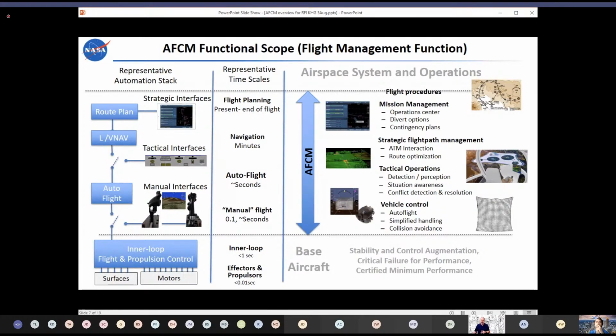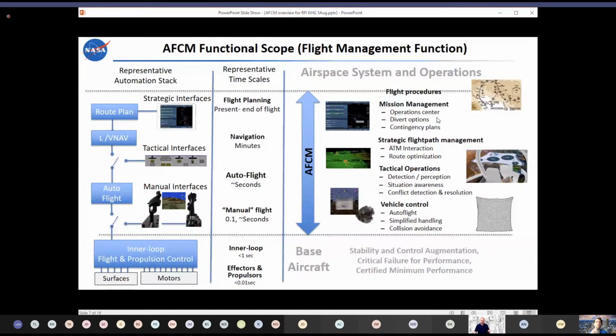So thinking in terms of the timescales of these operations, at a strategic level, AFCM is engaged in things like mission management. There's probably an operations control center that's deciding possible origin and destination options for the flight.